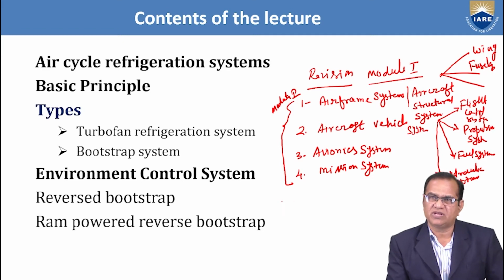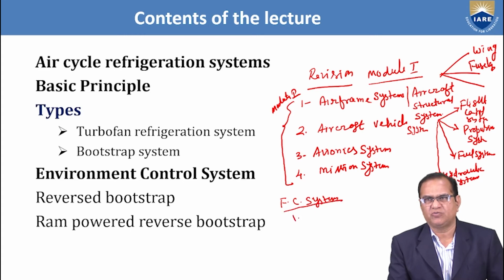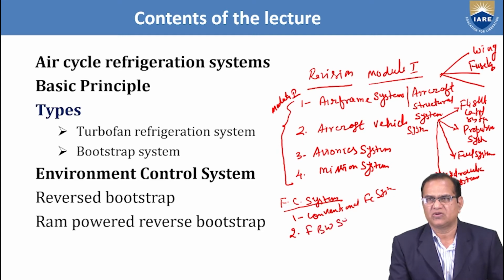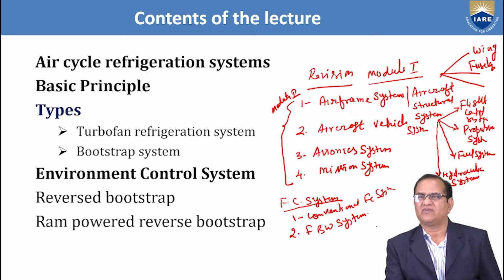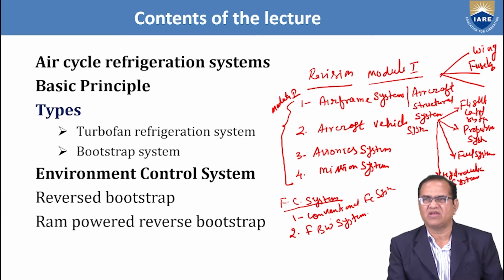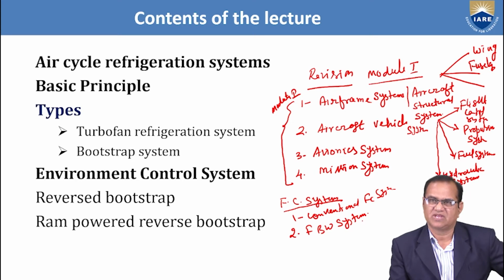If you talk about the flight control system, I will write here FC system. In the FC system, we can divide into two parts: the conventional FC system and the fly-by-wire (FBW) system.